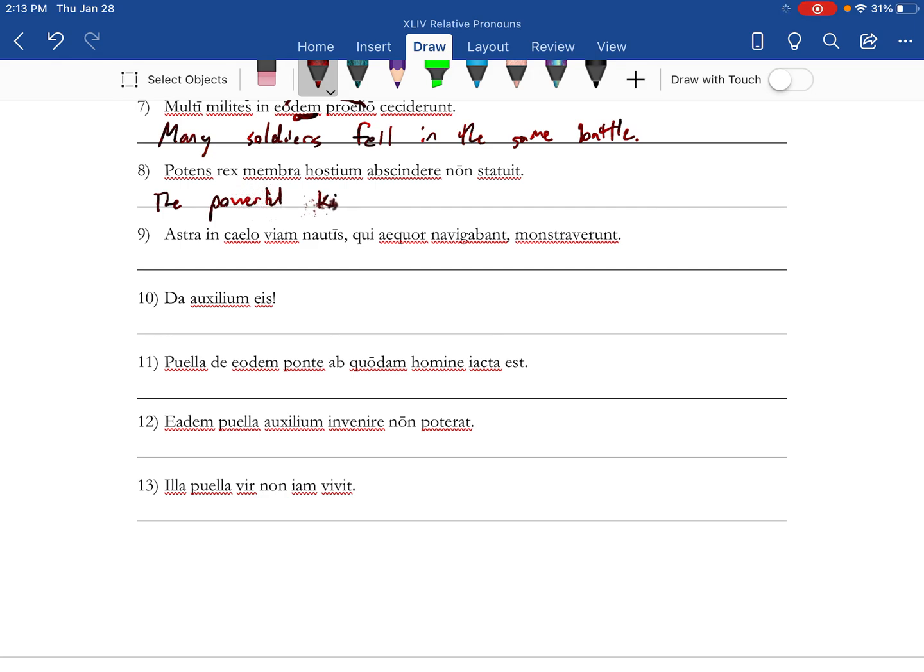The powerful king decided not to cut off the limbs of the enemies.